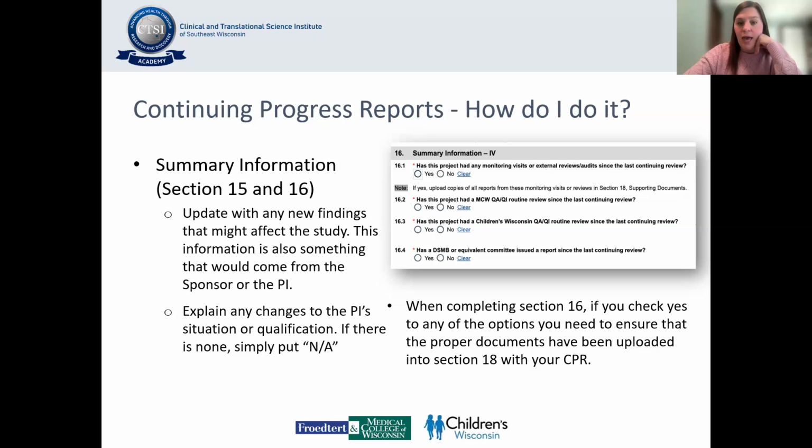You're looking at monitoring reports, QA, QIs, things like that, or the DSMB meeting. If you're checking yes that any of those happened, make sure you're also submitting the reports and follow-up reports so that the IRB is able to see what was determined with those audits.